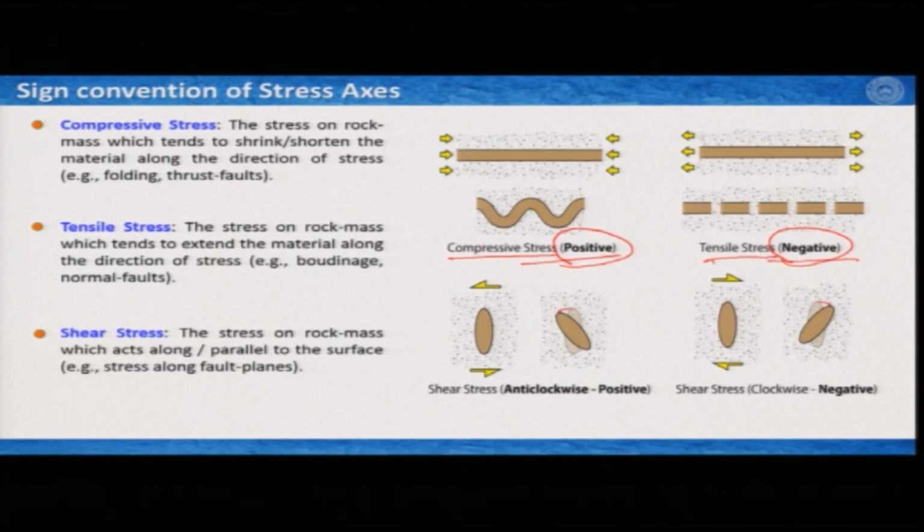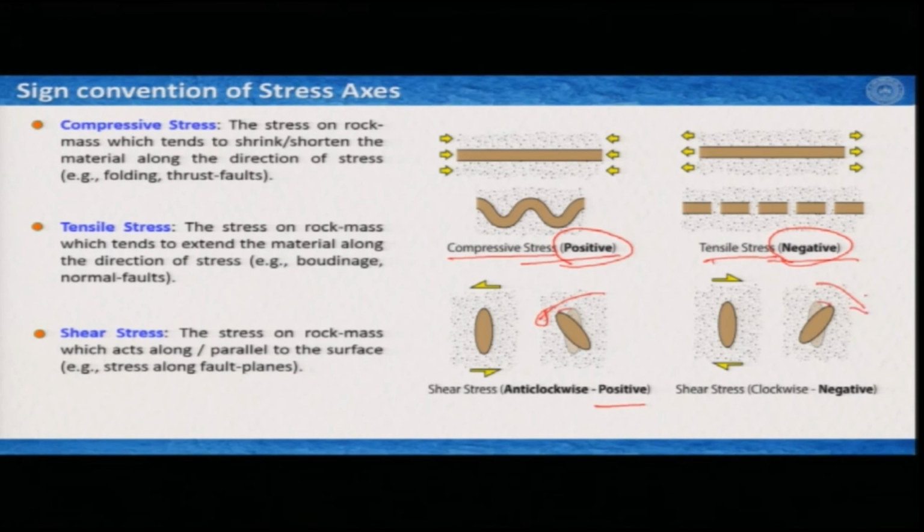Now, shear stress is the stress on the rock mass, as we have learnt, that acts along or parallel to the surface. That means you can consider the stress along a fault plane. In this case, if I have shear stress working like this on this elliptical object, and the rotation of this object due to the shear stress is anticlockwise, then we consider it positive.